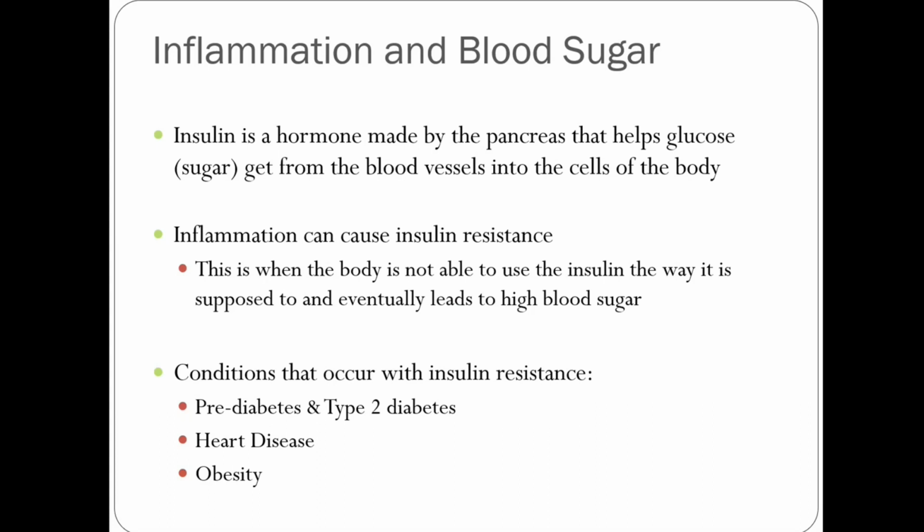When there's too much inflammation in the body, essentially the insulin and our cells aren't talking to each other as well anymore, and so blood sugar tends to rise up in our blood vessels. If we have too much blood sugar in our bloodstream, sometimes this can lead to heart disease, diabetes, prediabetes, obesity. So what we really want to do is target this insulin resistance or inflammation to help prevent some of these conditions.